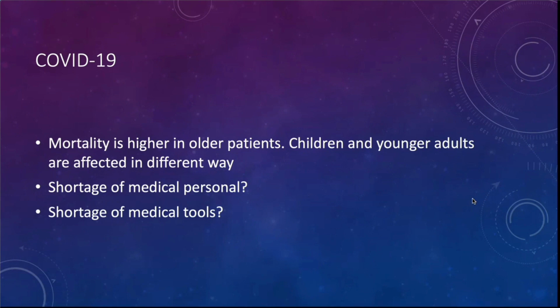And then we're adding a pandemic caused by this virus. So how are we going to do in the future? We're trying to prepare as much as we can, but again, it's a controversial point here. The same thing for shortage of medical tools.